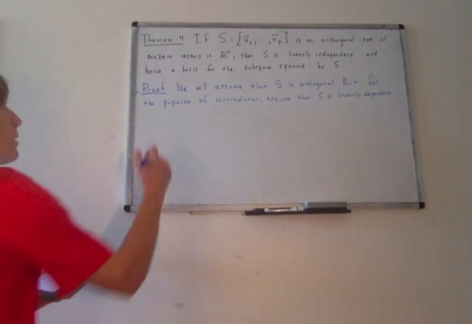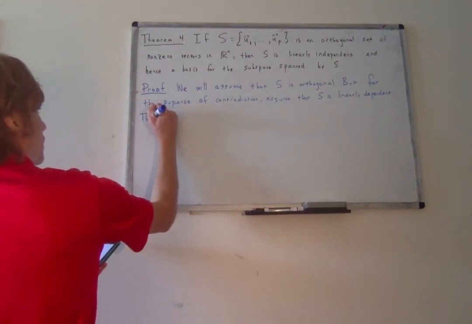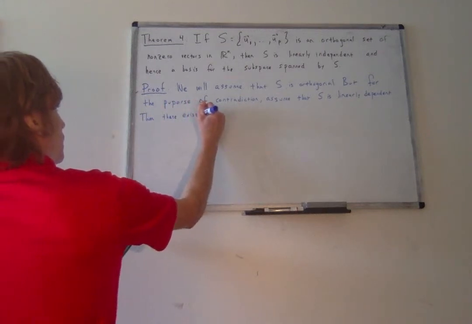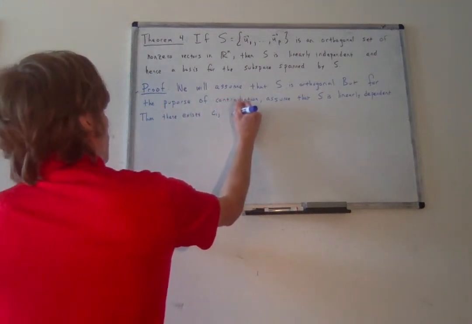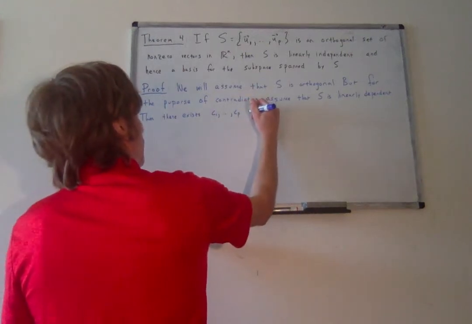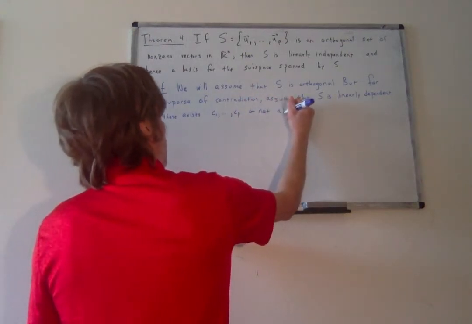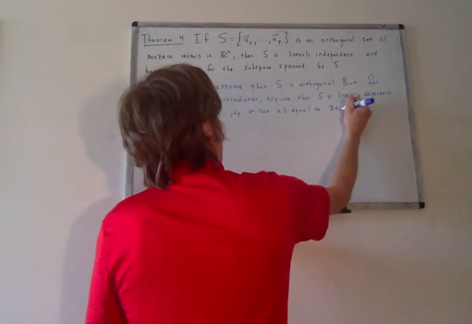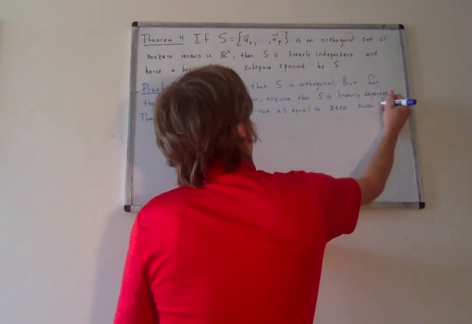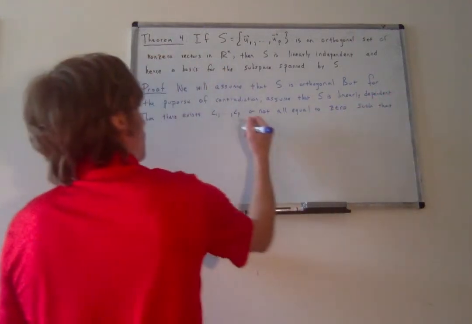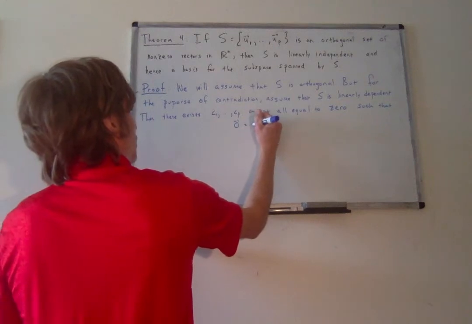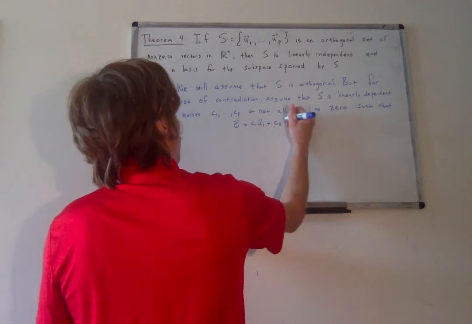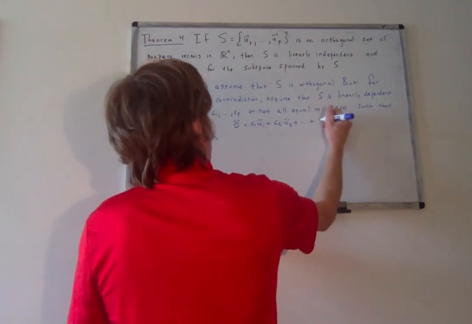And so, of course, this means there exist constants C1 through Cp, not all of which are equal to 0, such that the 0 vector is equal to C1 u1 plus C2 u2 plus ... plus Cp up.